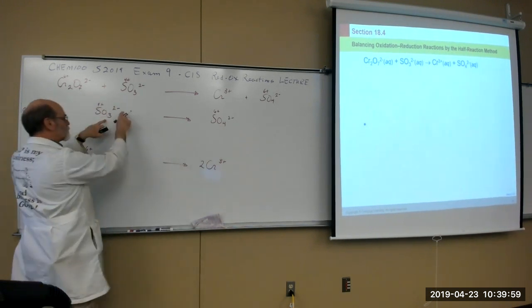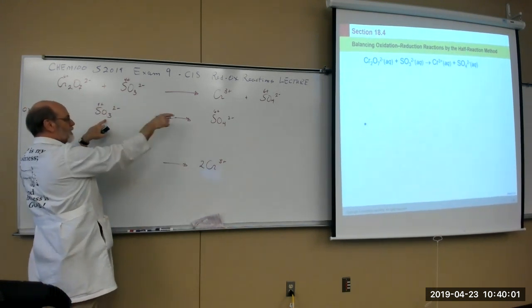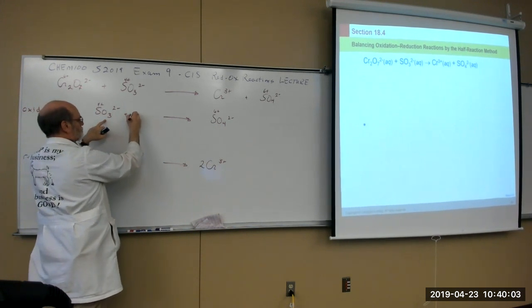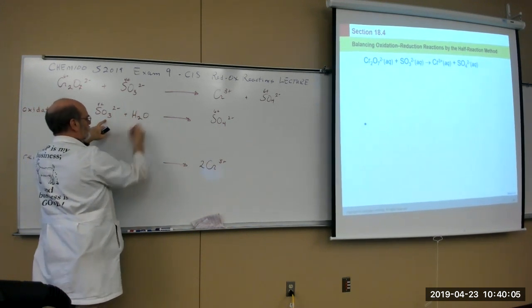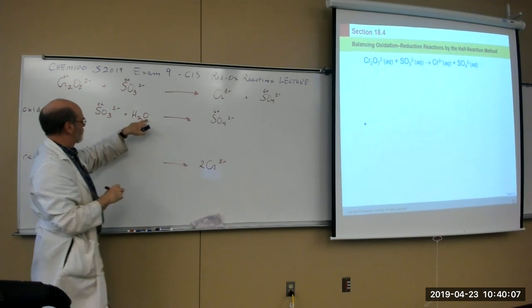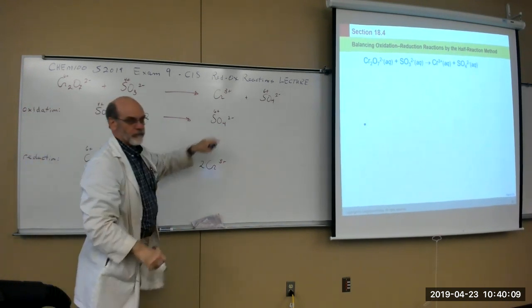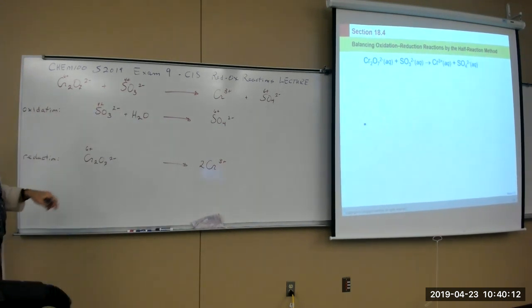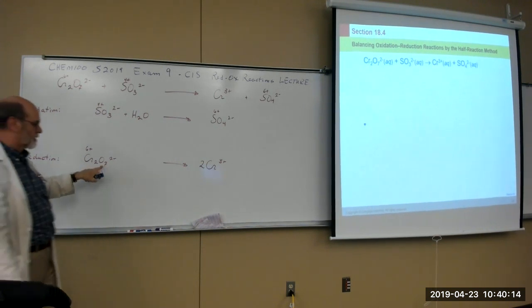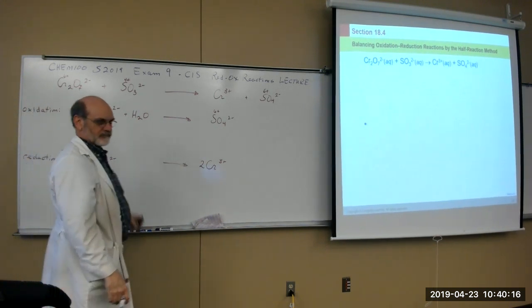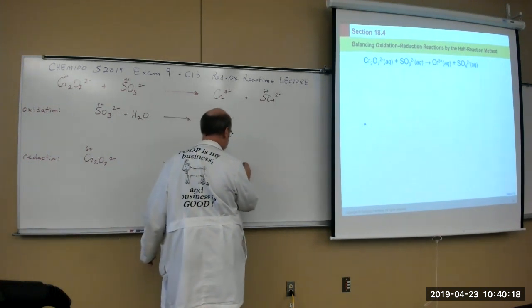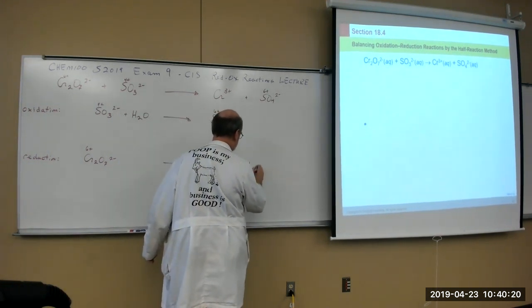So we need an extra oxygen over here to balance. Okay, there's our extra oxygen. 3, 4. On this side, we have 7 oxygens and none over there. So we need 7 oxygens over here as water.